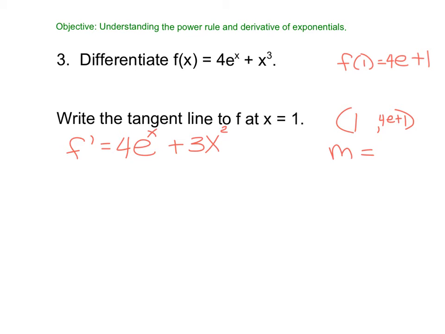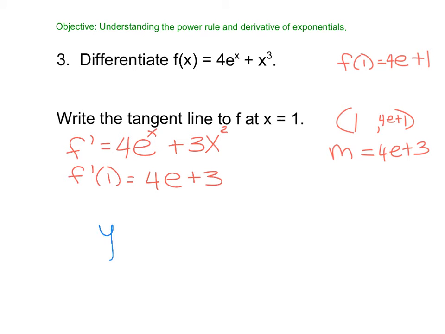That's our y value. All right, what's the slope? Take our derivative, plug in 1. 4e plus 3. Super, super weird. Not difficult, but the answer is just so awkward looking.